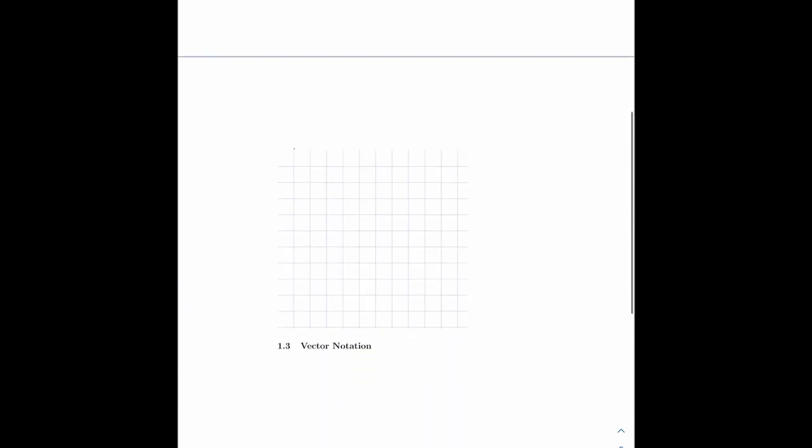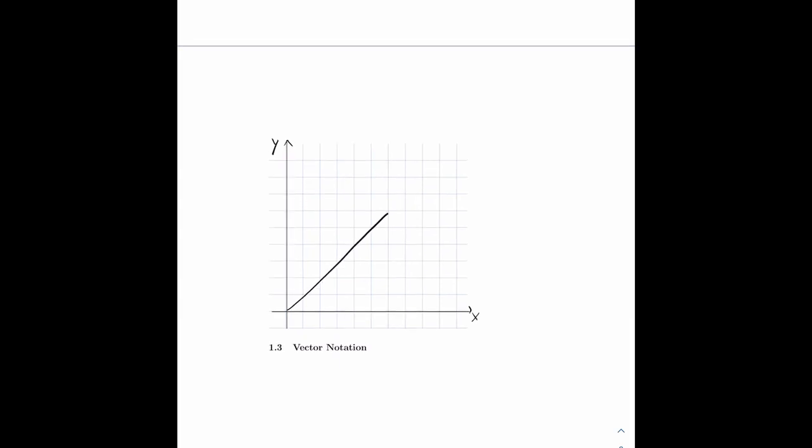Now, let's talk about how we want to split up vectors and talk about them, mainly in components. So now we're going to draw an x and y coordinate system that we all love. And we're going to have this vector right here, and that's vector v.